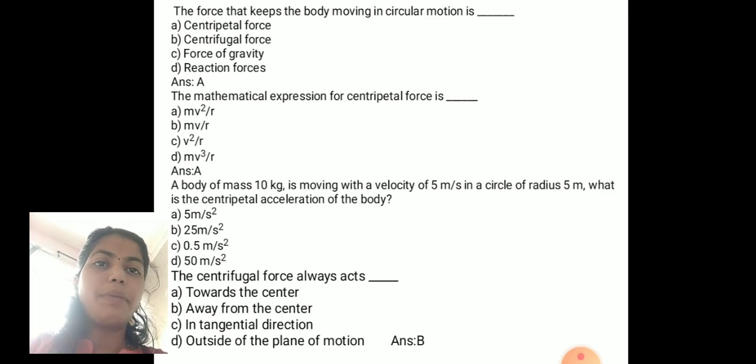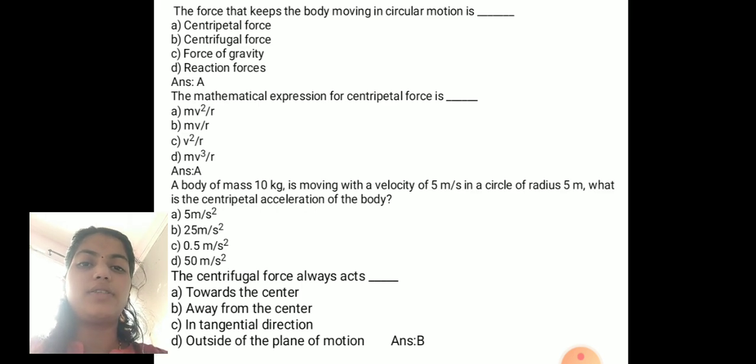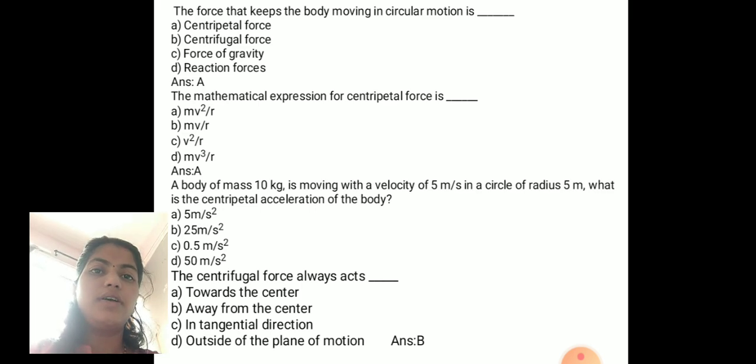The mathematical expression for centripetal force is Newton's second law divided by the radius. The options are mv square by r, mv by r, v square by r, mv cube by r. The first, mv square divided by r, is correct.